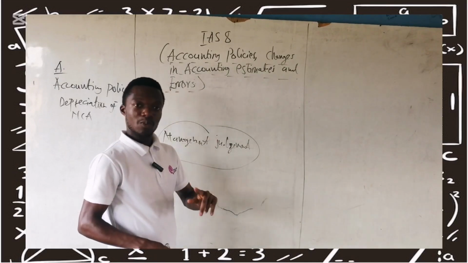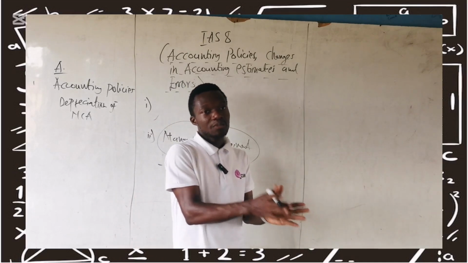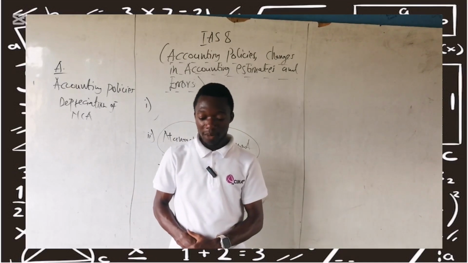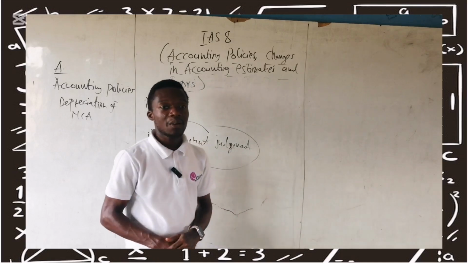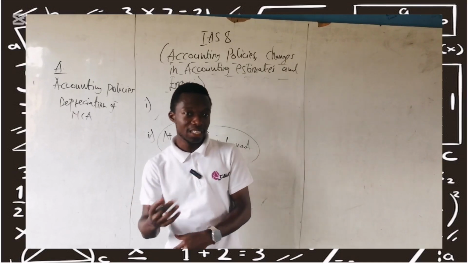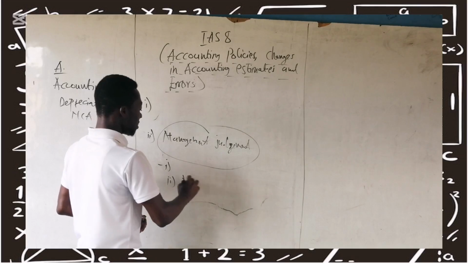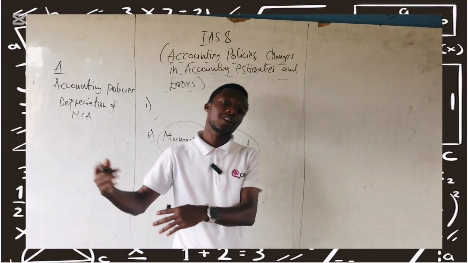Here is still management judgment, but we want how the standard would have treated a similar event or transaction. This is where we expect management to go when it comes to using management judgment. Second has to do with management also having to follow the conceptual definitions of asset, liability, income, and expenses.